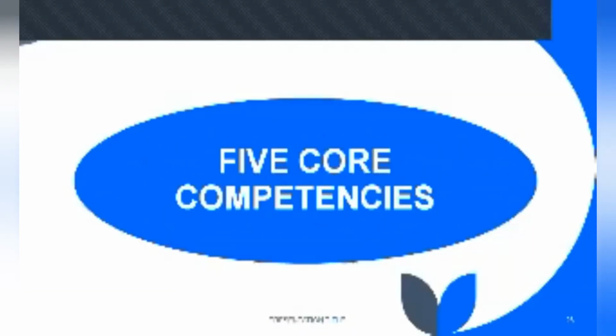Now here we have 5 core competencies. When we are talking about competency-based test item writing, we should know what the 5 core competencies are, so that when we are preparing a questionnaire based on competency, even if it is not possible to include all 5, at least we can have some of them in our questions.